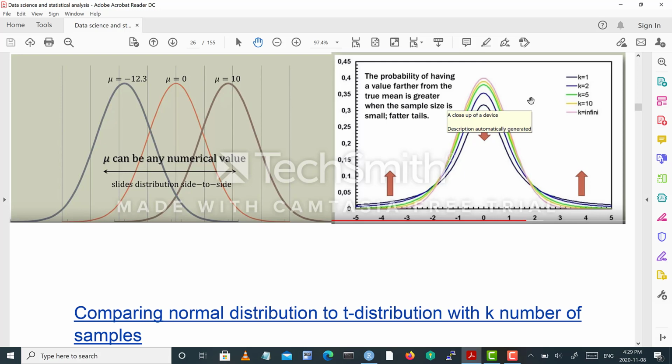So these are the comparison between the Gaussian curve, the normal curve, and the T distribution with k number of samples.